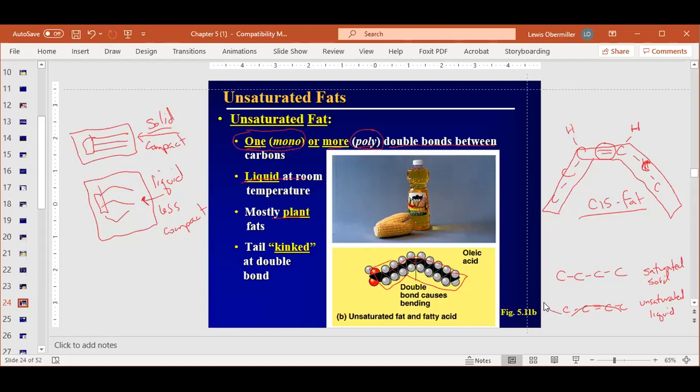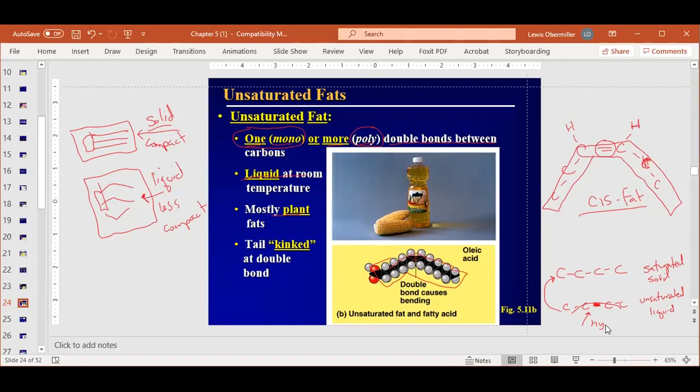So how do I turn my corn oil into something more like butter? Can you remove the double bond? Yeah. And if I remove the double bond, what do I have to add onto this molecule? More hydrogen? Yeah. So you ever heard of the term hydrogenated? Yeah. So when a fat is hydrogenated, it's basically turning a liquid fat into a solid fat.